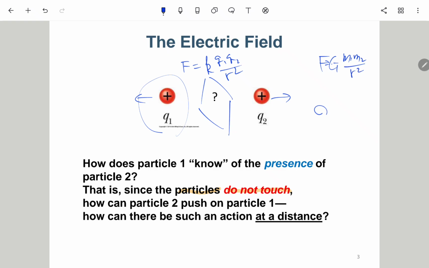Actually the situations are similar. The only difference is that M1 and M2 are the masses of two objects, and there will be forces attracting them. So this is the gravitational force.